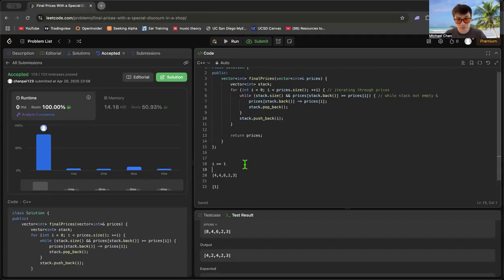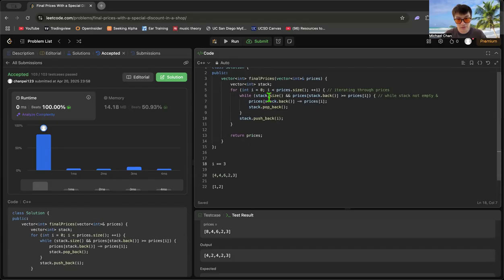And you pop it, and then it becomes 1. And it becomes 2. Prices of stack back is 4, bigger than 2? Nope. So push back 2. And then i equals 3.